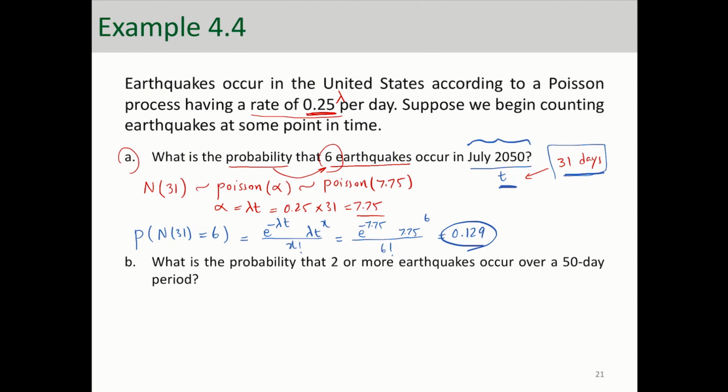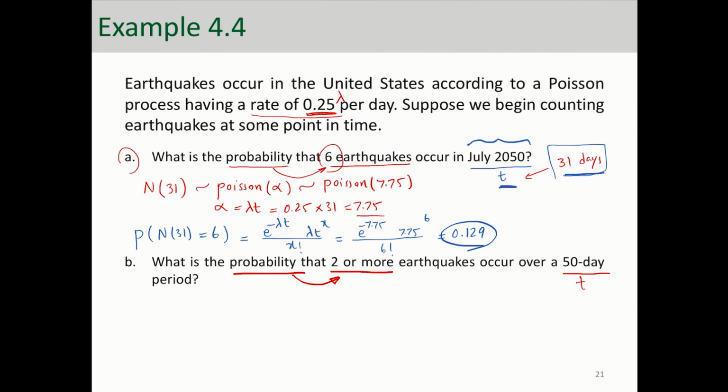Now part B, what is the probability that 2 or more earthquakes occur over a 50-day period? Again, it's the same situation. The probability that you're going to calculate is referring to the number of arrivals, 2 or more, and the time period is given, 50 days. So that's your t.